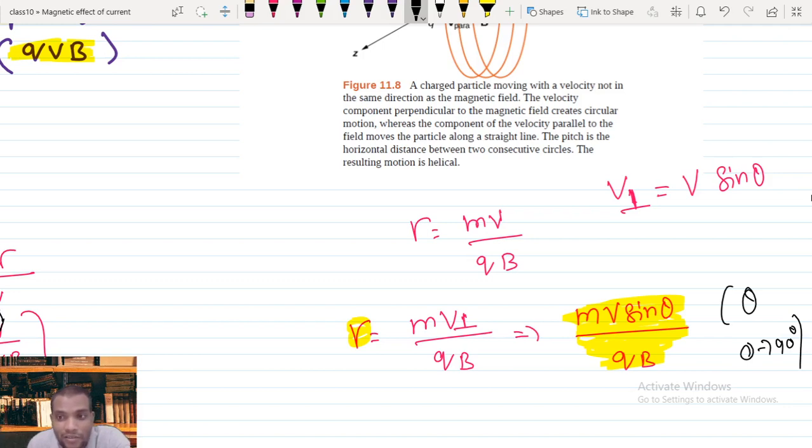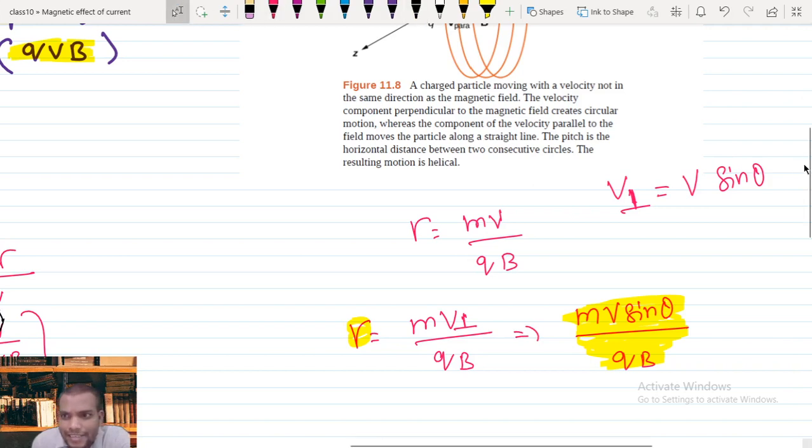That's where the sine value changes. From 0 to 90 it goes to maximum. So in this special case, the radius of the helical path r equals m v sine theta upon qB.